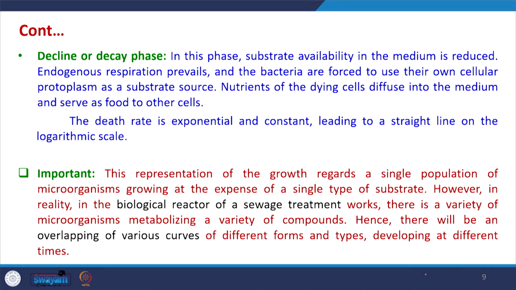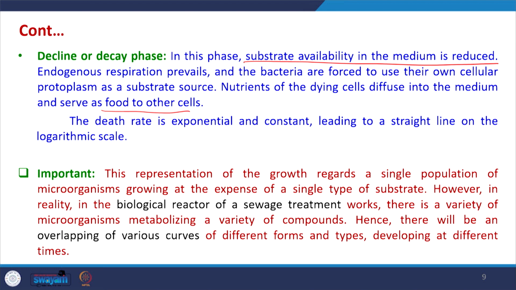In this phase the substrate availability in the medium is reduced and endogenous respiration prevails, and the bacteria are forced to use their own cellular protoplasm as a substrate source. The bacteria use their own cellular protoplasm as organic matter to get the energy required for their sustenance. So, nutrients of the dying cells diffuse into the medium and serve as food to the other cells, and the death rate is exponential and constant, leading to a straight line on the logarithmic scale.